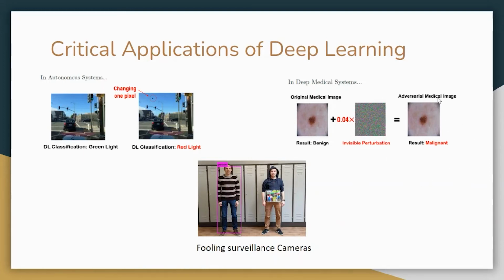So this can cause huge effects, just like it can cause a different prediction in the deep medical system. It can cause a different prediction in autonomous systems. It can also be used in order to fool the surveillance cameras. So these are all the various fields.